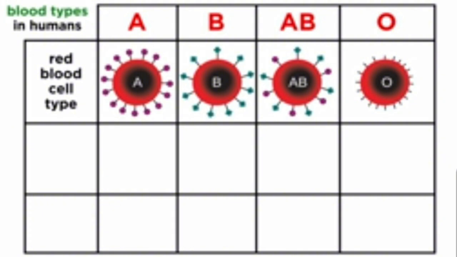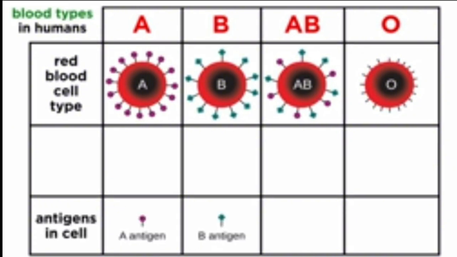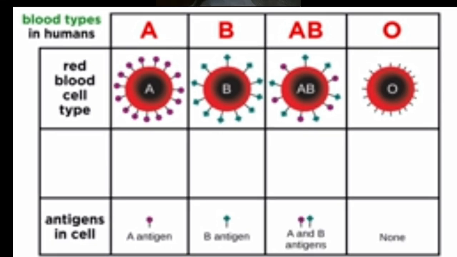A and B refer to two different agglutinogens that can be found in these membranes. So blood group A has one of them, B has the other, AB has both, and O has neither.